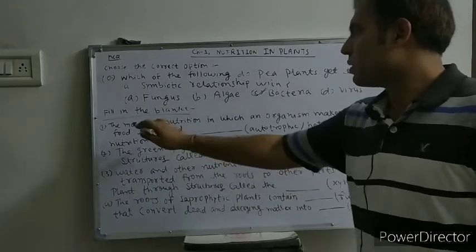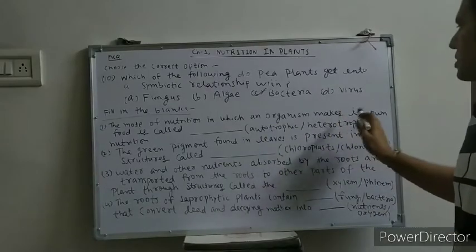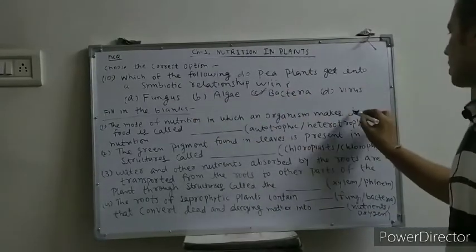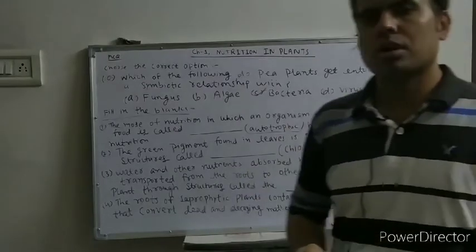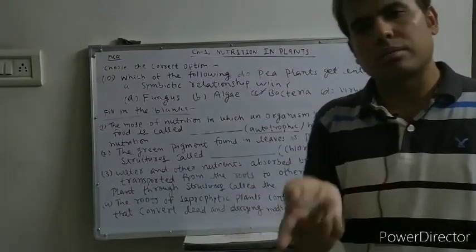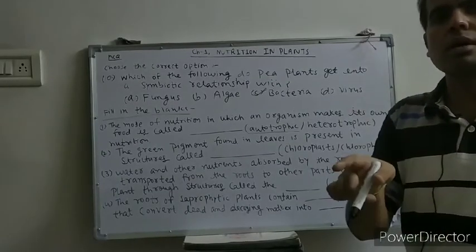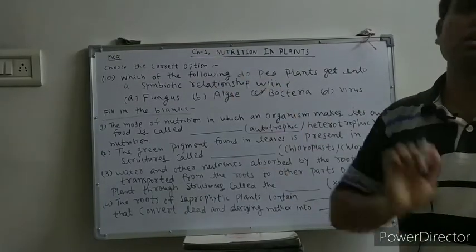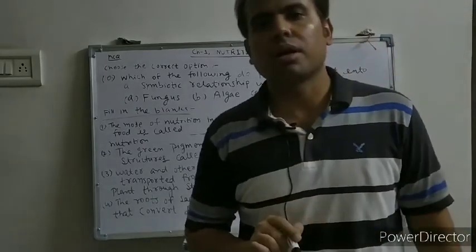Now we are starting the fill in the blanks of this chapter. First, the mode of nutrition in which an organism makes its own food is called autotrophic nutrition. Autotrophs make their own food, but heterotrophs depend on others. One thing is more important here.